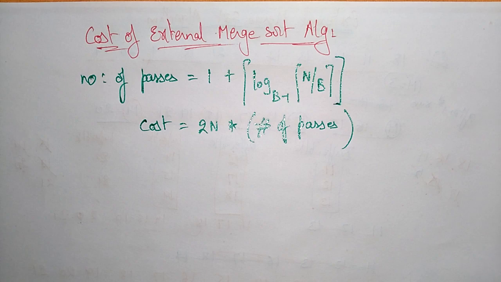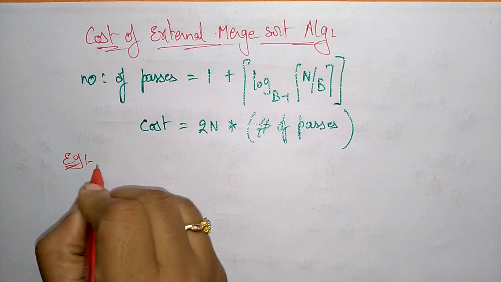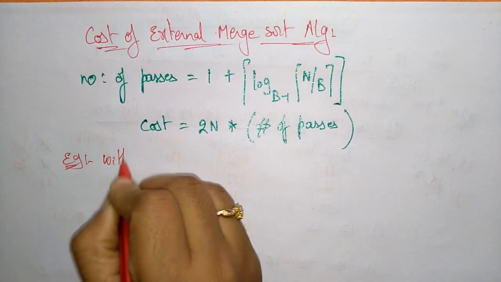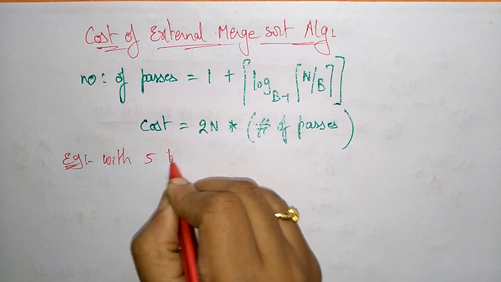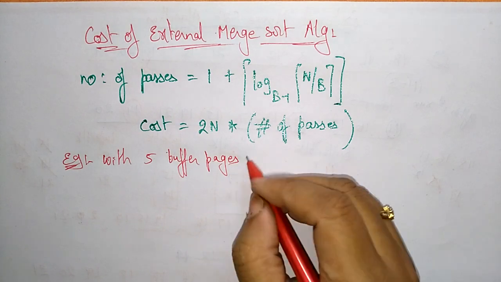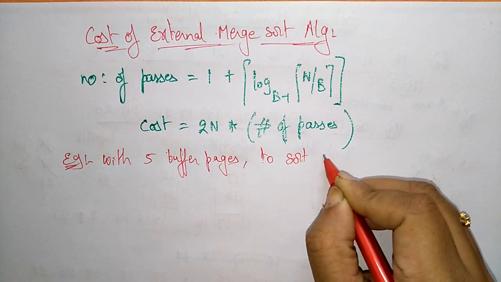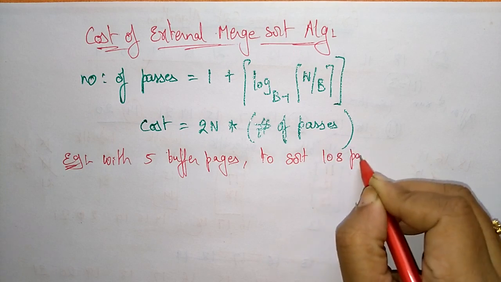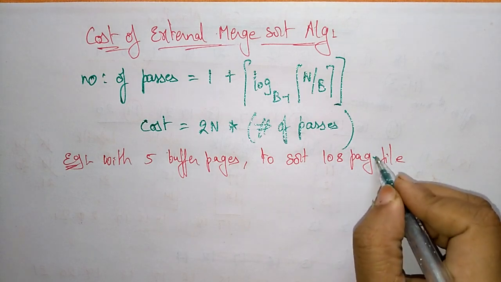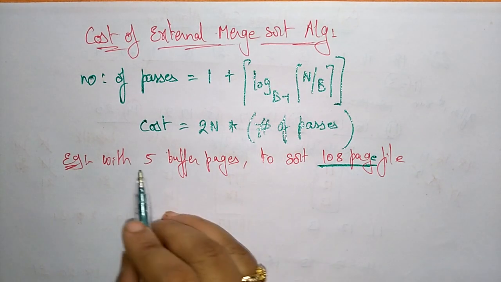Let us take an example and see how the cost will be calculated for this external merge sort. Suppose we have taken 5 buffer pages to sort a 108 page file. So in total you have 108 pages.